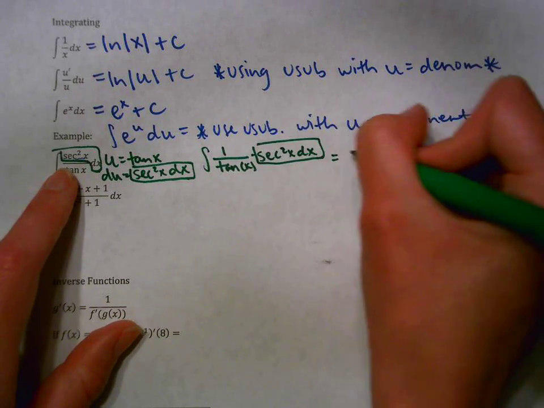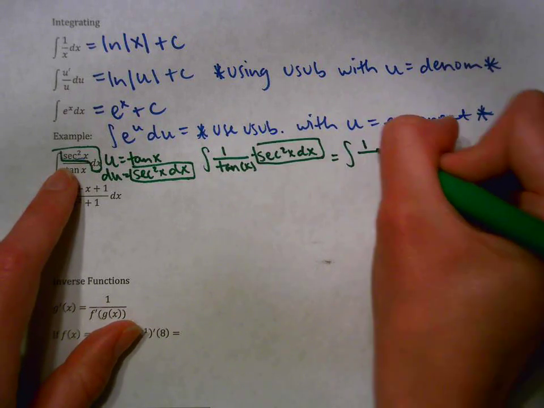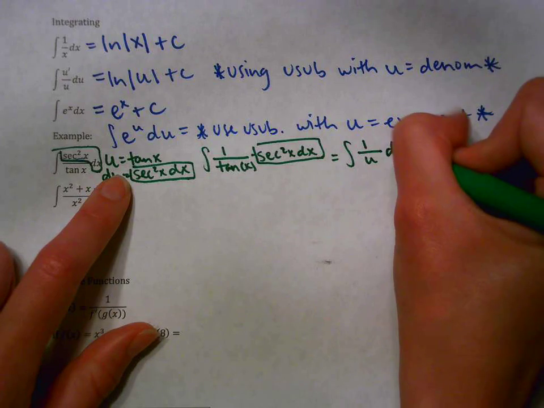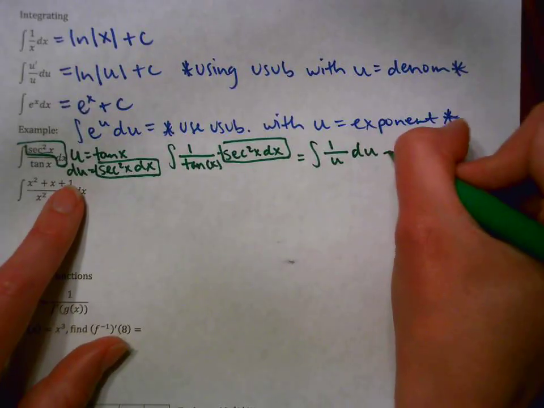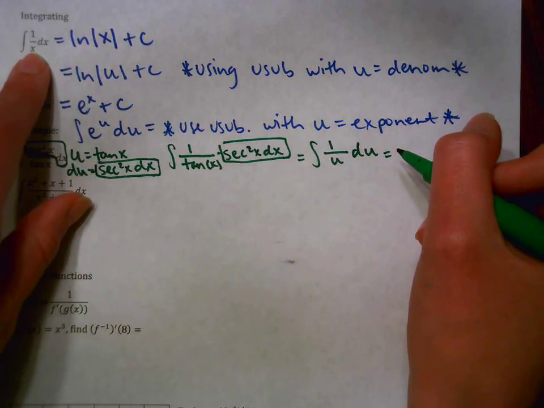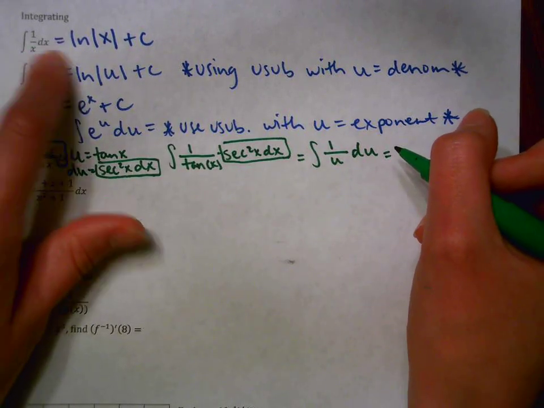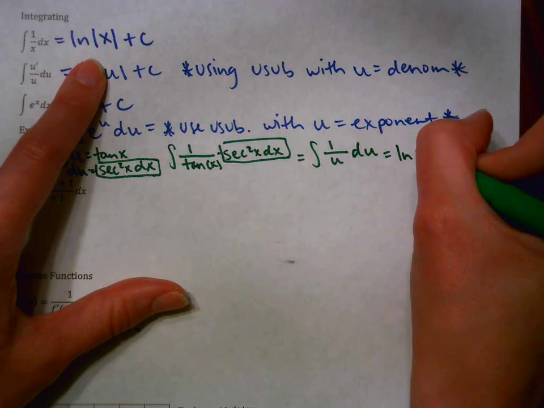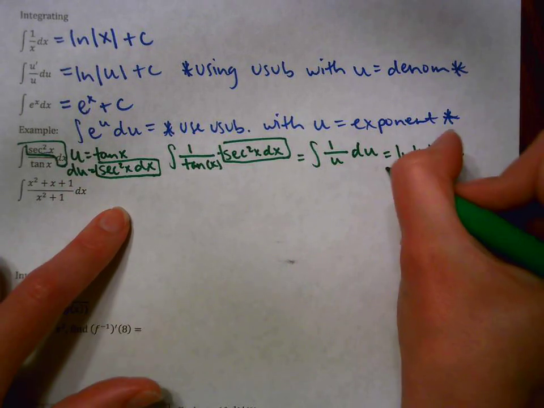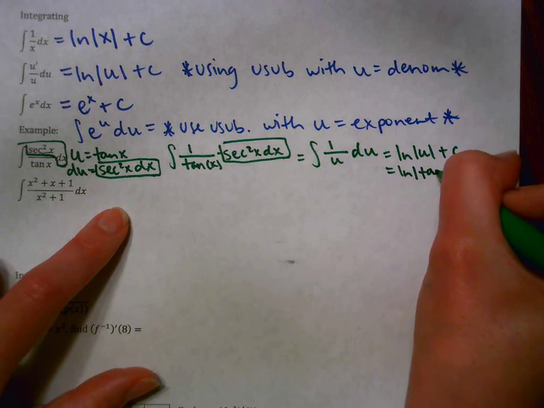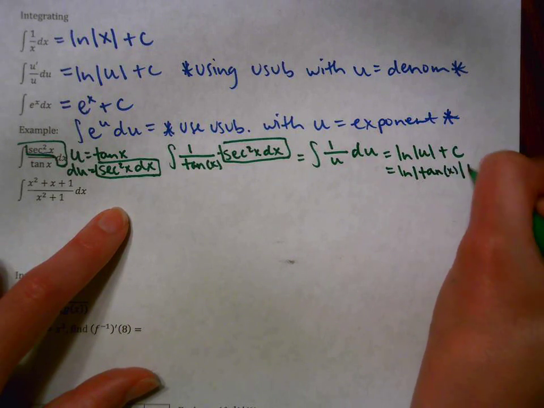So now we changed it to 1 over u, and all that's boxed just equals du. Now we know the integral of 1 over u, which is just like an x, is natural log of u plus c. And then you replace your u, so that's natural log of tangent x plus c.